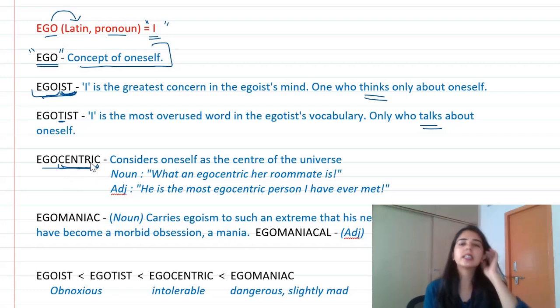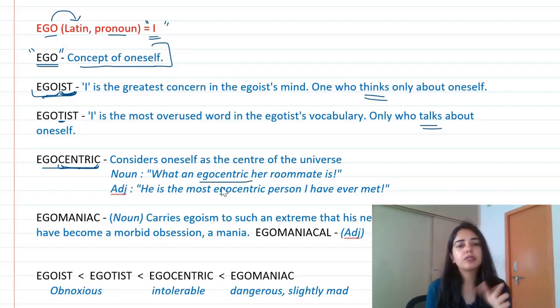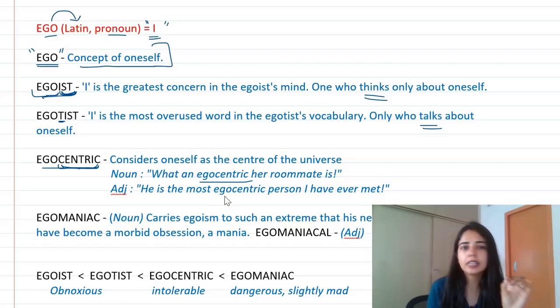You are at the center of the universe and the whole world is revolving around you. If you think like that, then you are egocentric. It can be used as a noun as well as an adjective. So as a noun: what an egocentric her roommate is. Here we are not using any noun after egocentric, so it is in itself a noun. What an egocentric her roommate is.